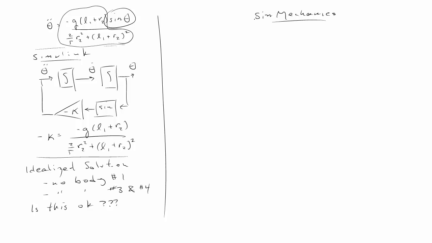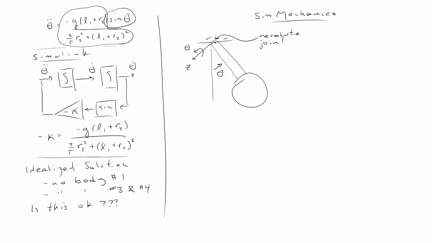So now how do we put this into SimMechanics? Well, let's draw it one more time. So here is our upper link and sphere again. And we're going to want to rotate about that pin by theta, which is the angle here. And we'll use a revolute joint from the SimMechanics palette.